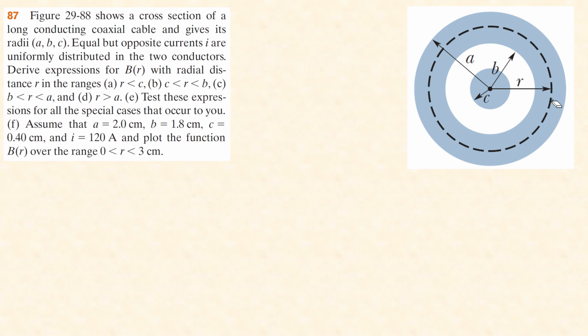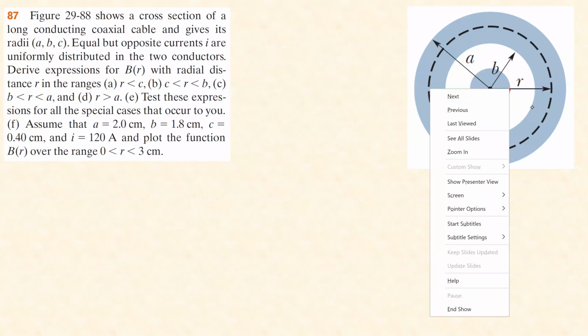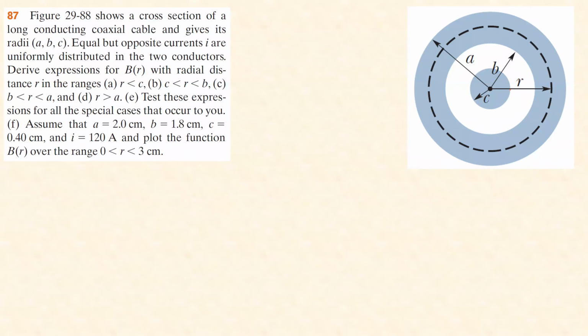So for here, I just calculate the magnetic field on the surface of this inner conductor, because the outer conductor, according to Ampere's law, doesn't affect the magnetic field here. And we can calculate the magnetic field at this point. Let's say the current in here is coming out.